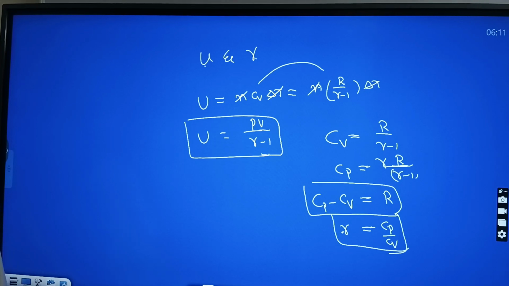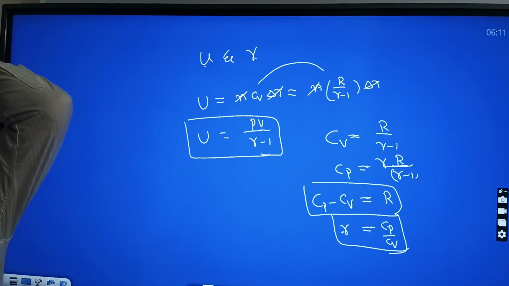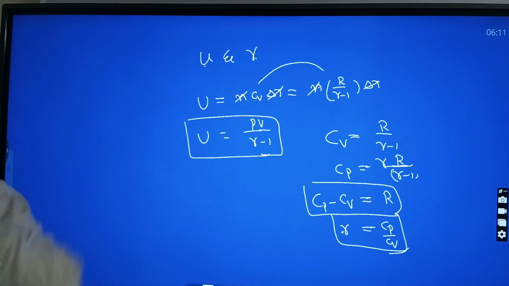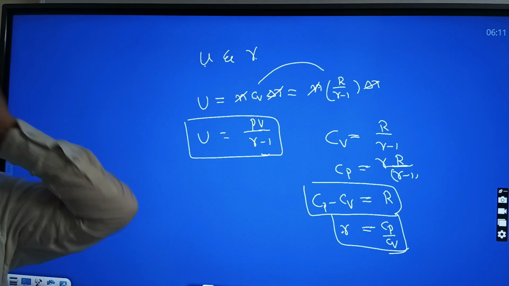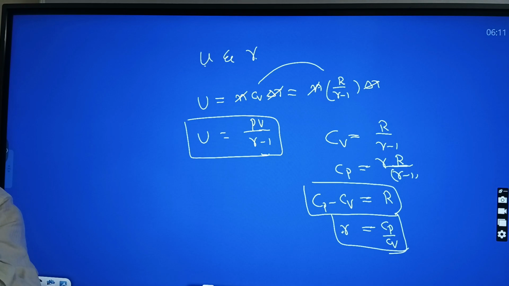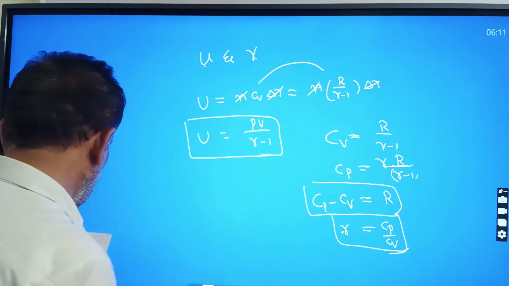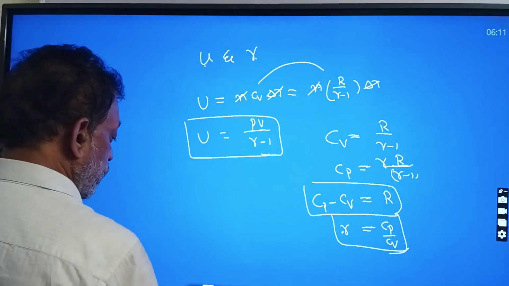Joule's law: whenever heat is converted into mechanical work, or mechanical work is converted into heat, then the ratio of work done to heat produced always remains constant.